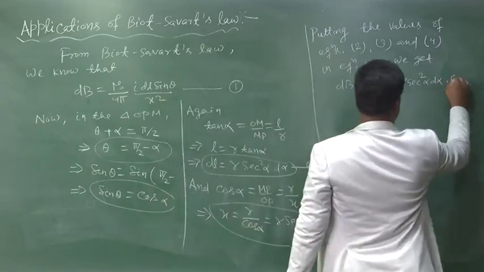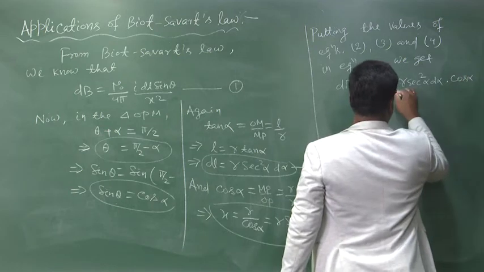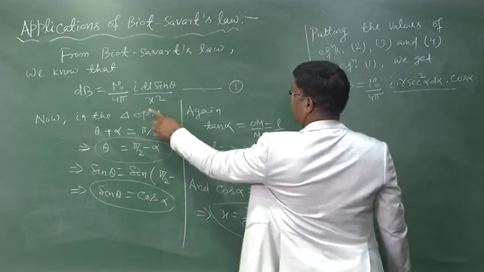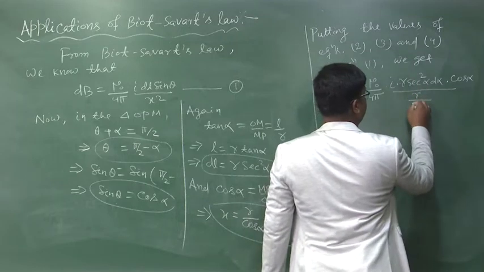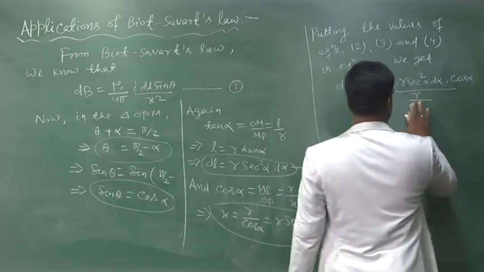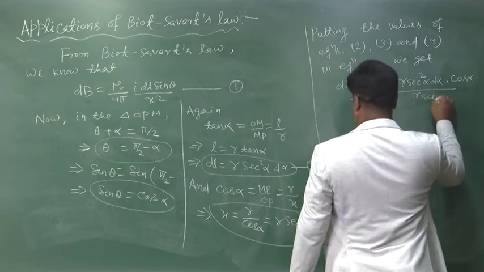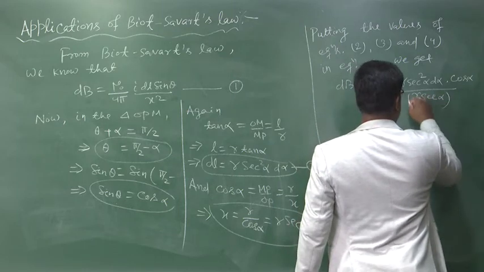Sin theta is cos alpha, divided by x square. X square is R by cos alpha, which is R sec alpha whole square.